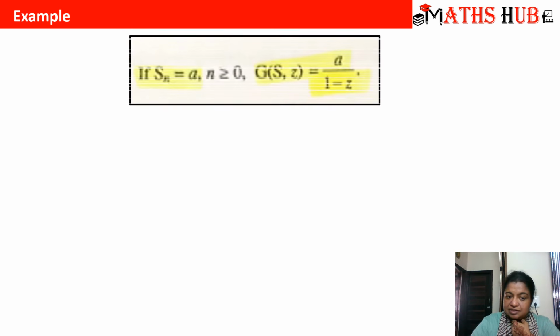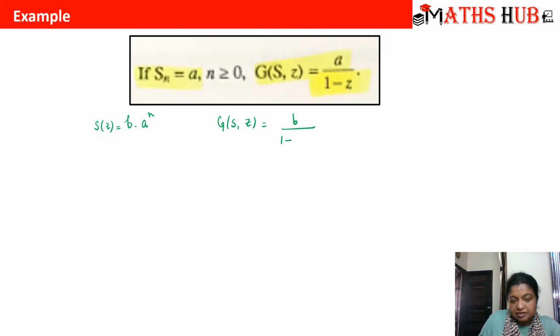So the next sequence is a, and we need to calculate the generating function for this. We can see that when the sequence is b into a raised to power n, we get the generating function as b upon 1 minus az. Here, what do you find?